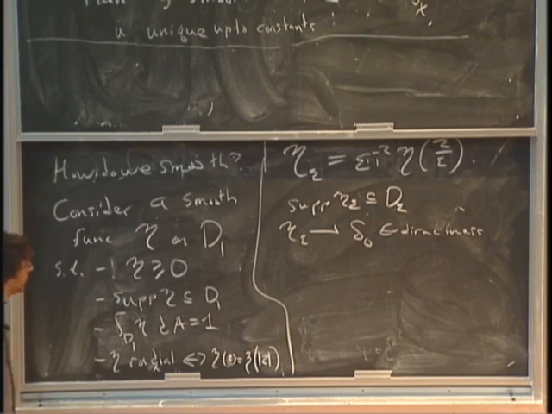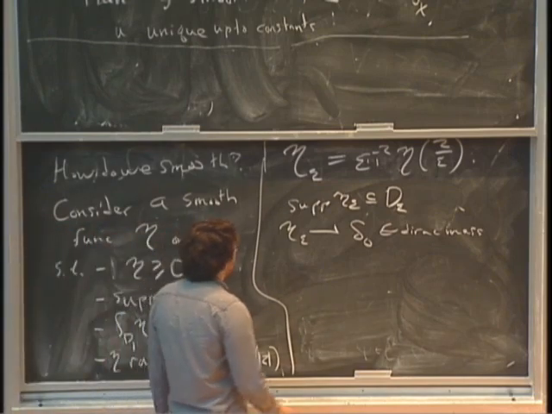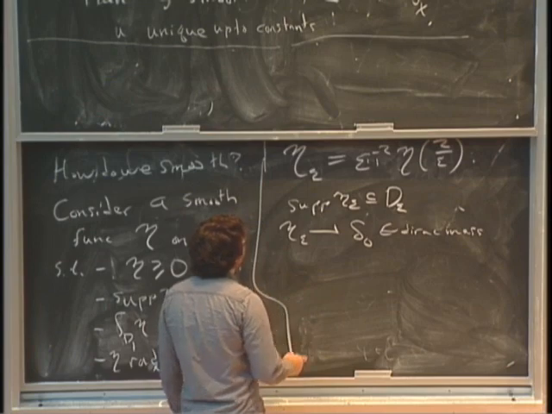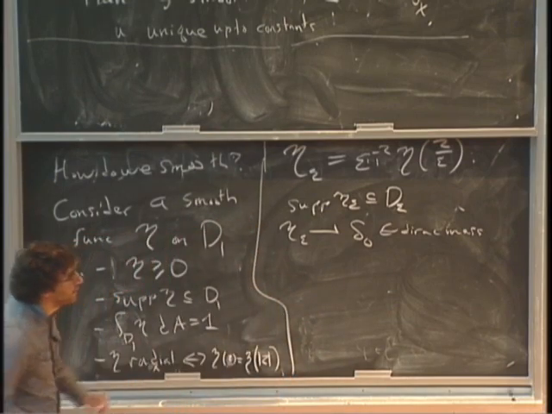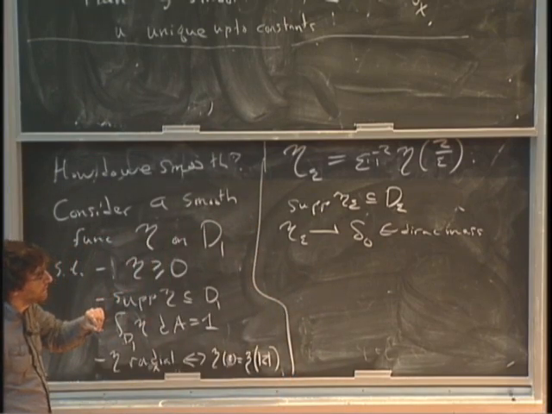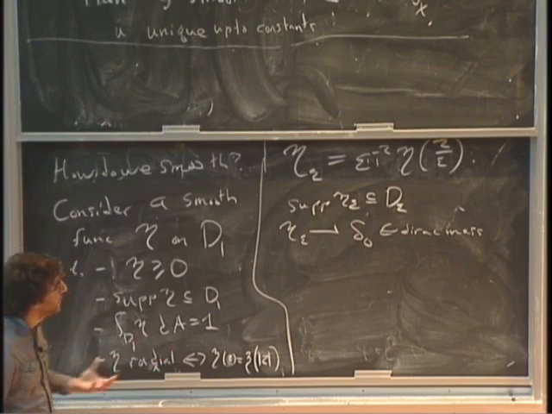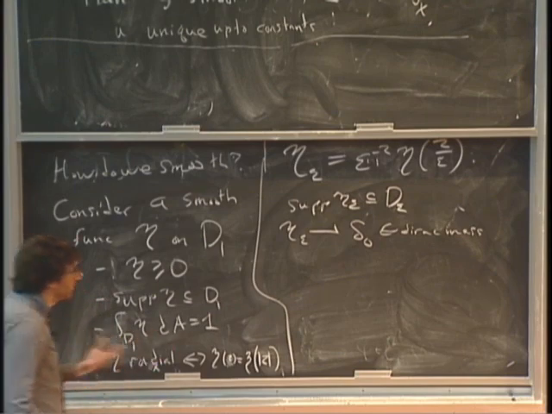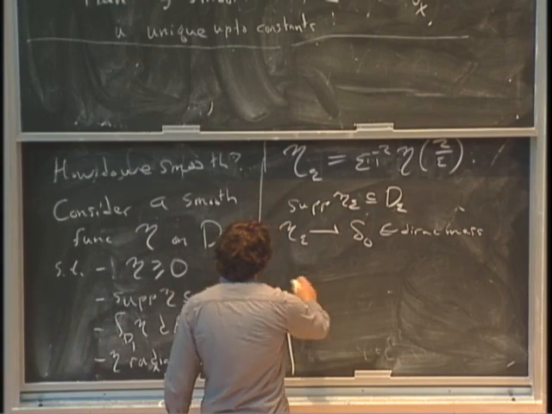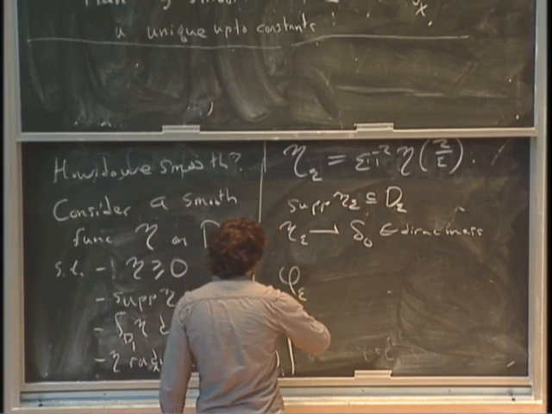Okay. Then we're going to use this to smooth out the function phi by essentially taking some kind of weighted average. This is the notion of a convolution. So we define now phi epsilon.